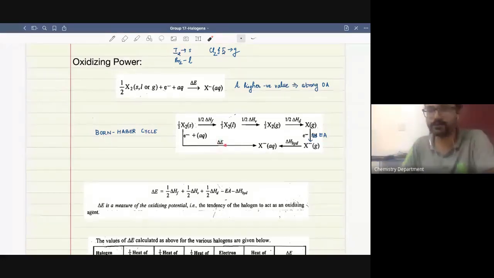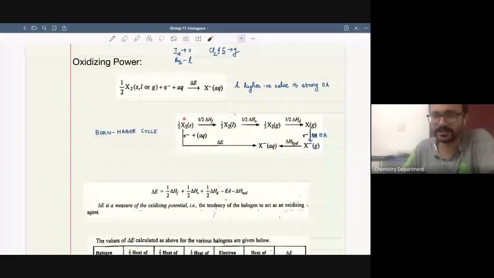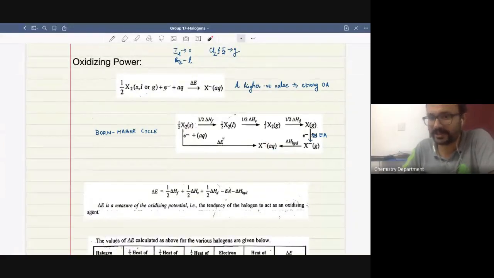So Born-Haber cycle means we will choose another pathway to get from this region to this region. Okay, so when I come using an alternate pathway for which I know the values of enthalpy, then I can easily calculate this particular delta E value. So starting with, if suppose it is iodine, so iodine would be in the solid state.